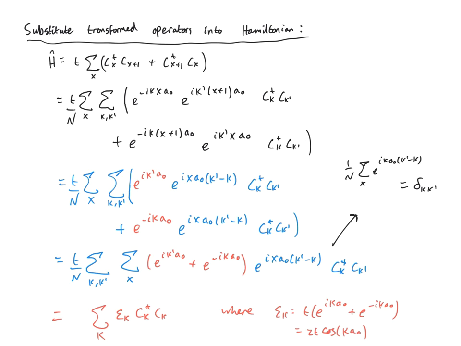It's brought it into this completely diagonal form of the uncoupled free electron gas. This epsilon k in here tells you how the energy is related to the momentum, and that is referred to as a dispersion relation.